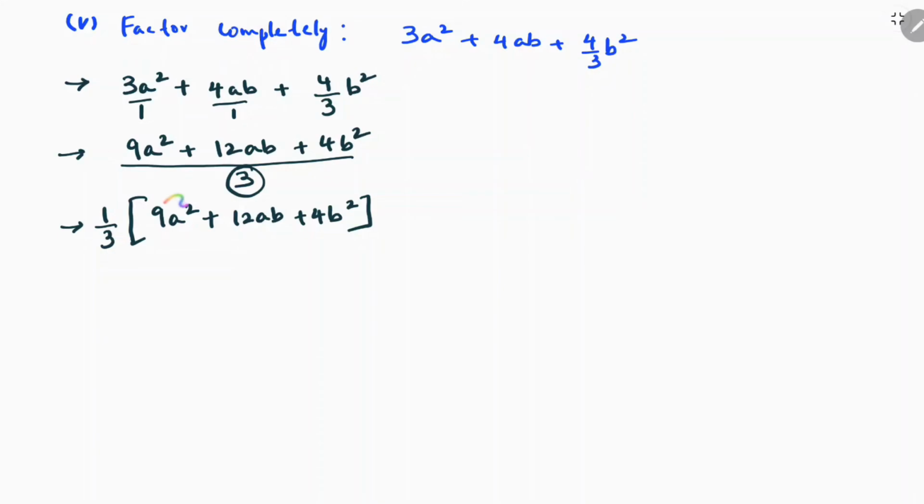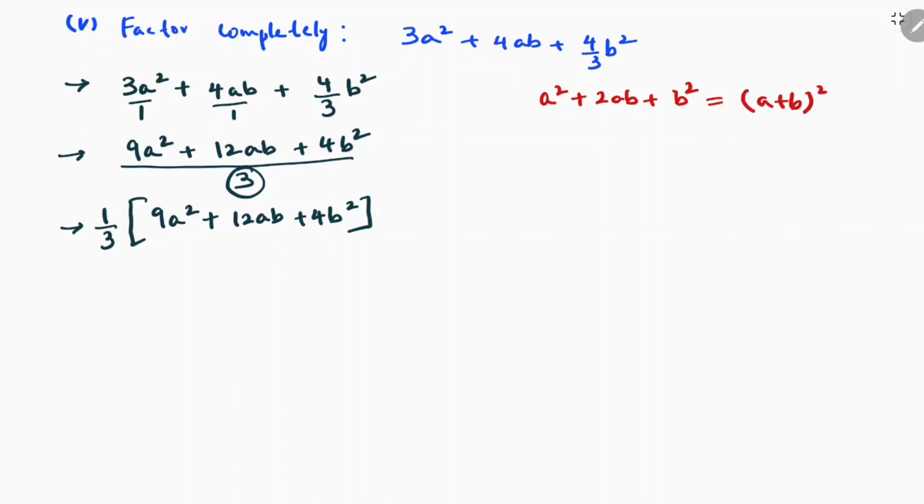Now it looks like a square plus 2ab plus b square, which is nothing but a plus b whole square.